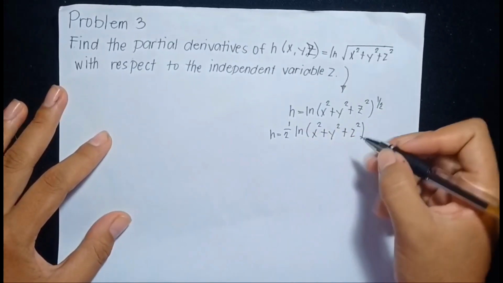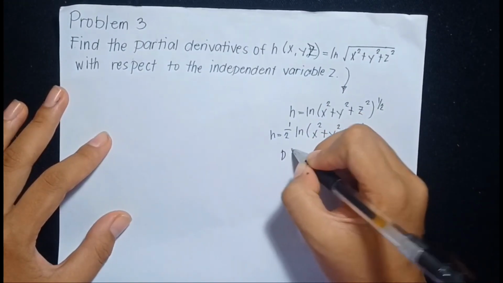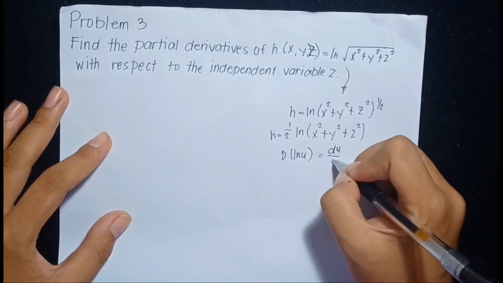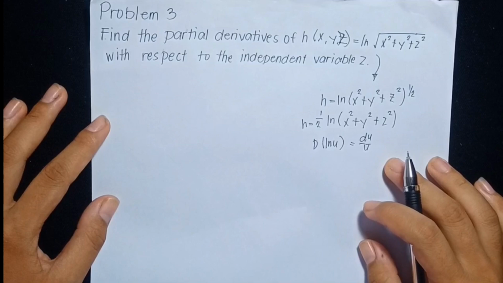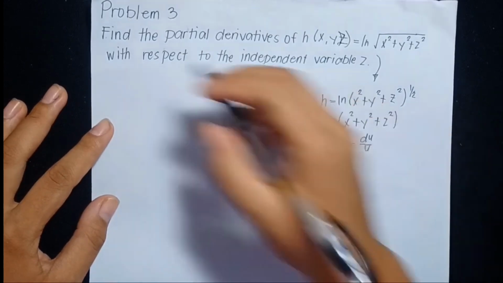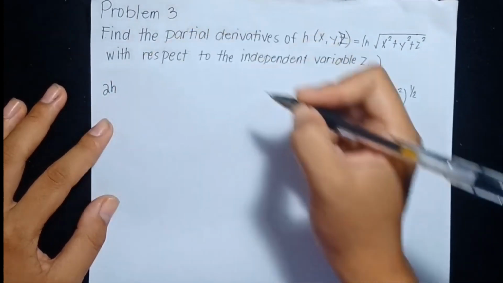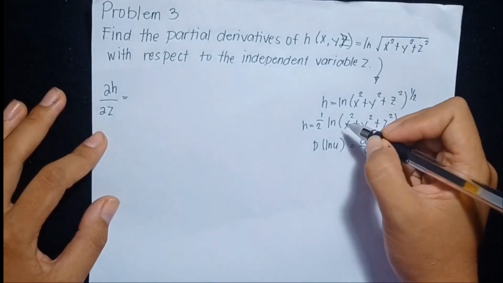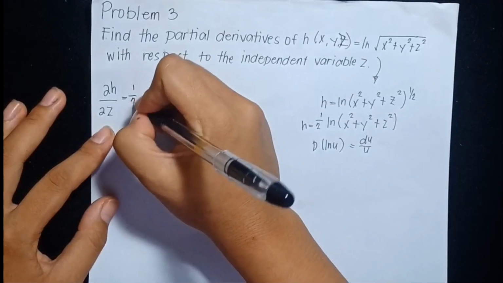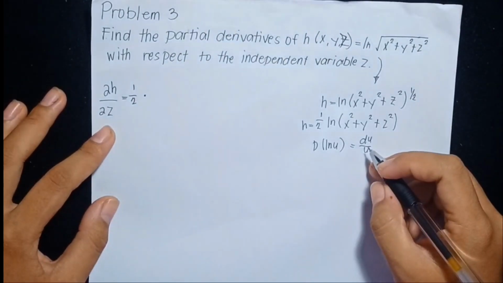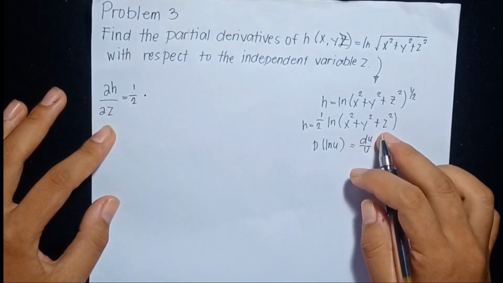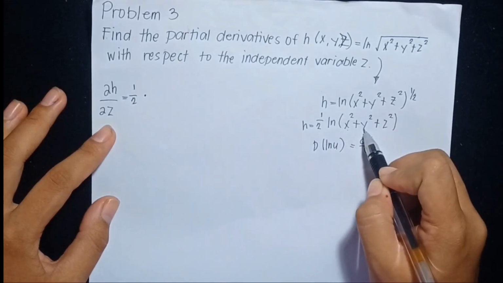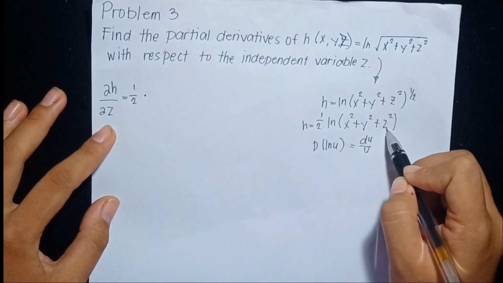Now, we can derive it using this formula: the derivative of ln u equals du over u. Now, we will find the partial derivative of h with respect to z. We'll copy the 1/2 times the derivative of our u, which would be the z squared, because the x and the y are constants and z is our independent variable.